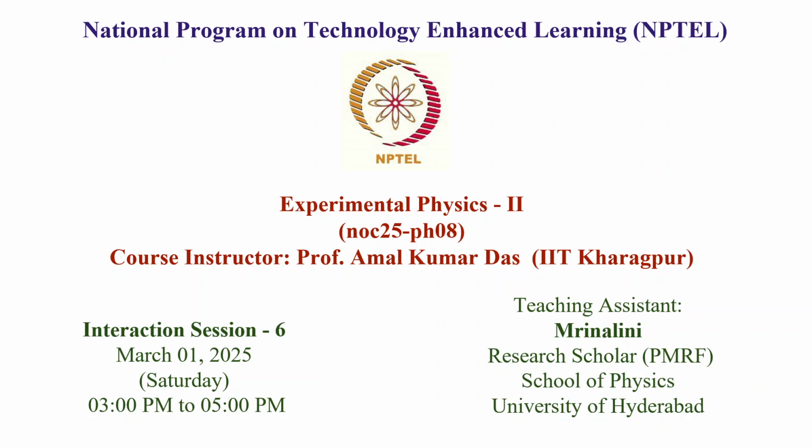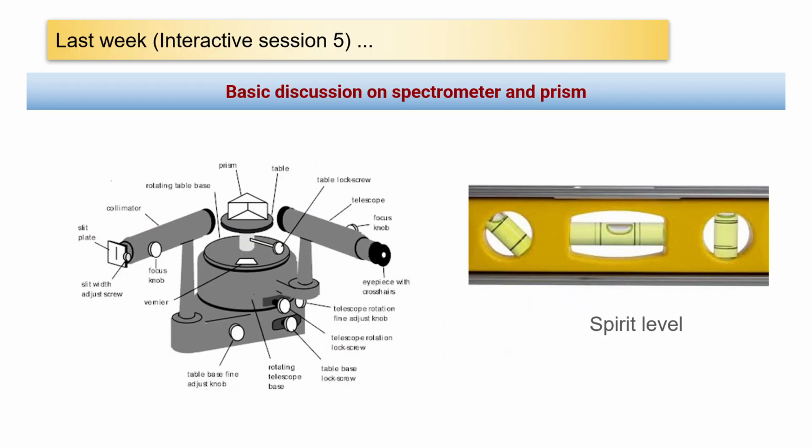Okay, let's have a recap of what we discussed last week, which was the fifth week. We had started by discussing the basic components of a spectrometer, where we are basically measuring the spectra of whatever the source is. It could be a white light source or a yellow light source like sodium light.